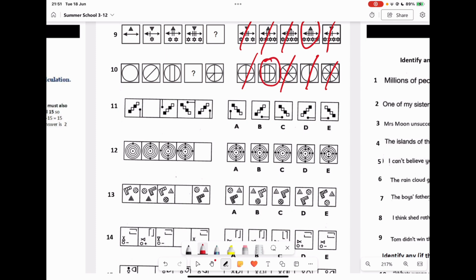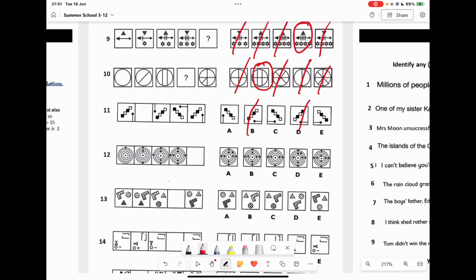Okay, so now we're going to be looking at question 11. So for question 11, we can see that the shape is going to be reflected in the y-axis each time. So it cannot be B or D. Then the line with the circle at the end is also moving.